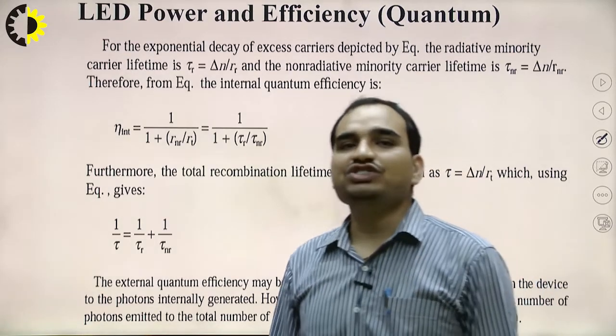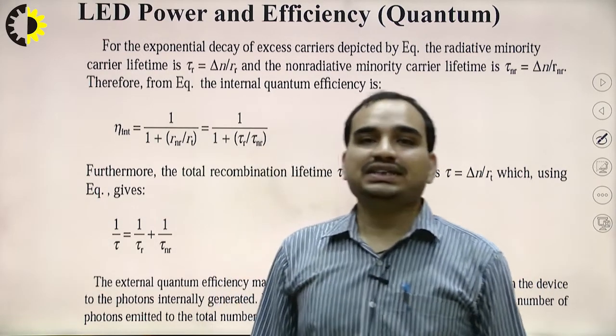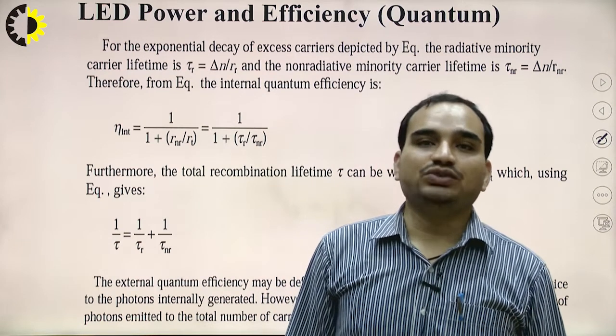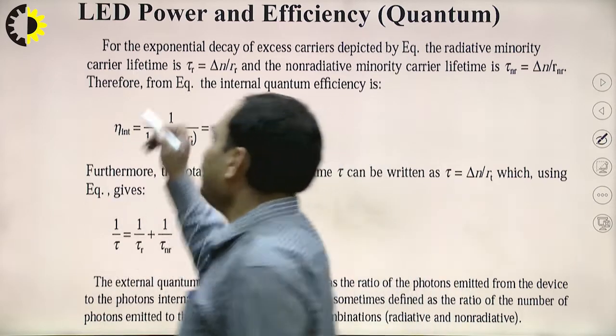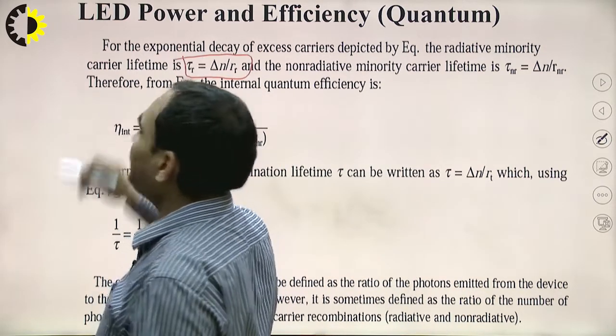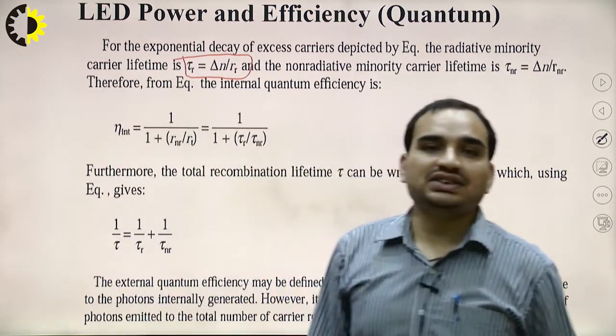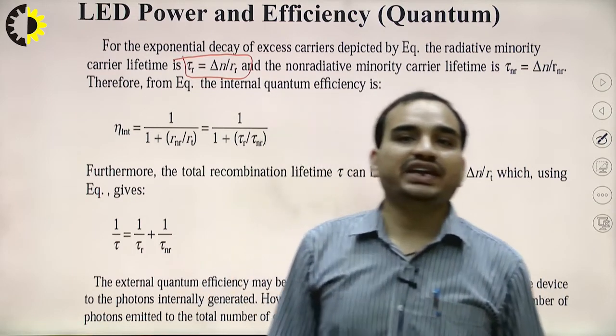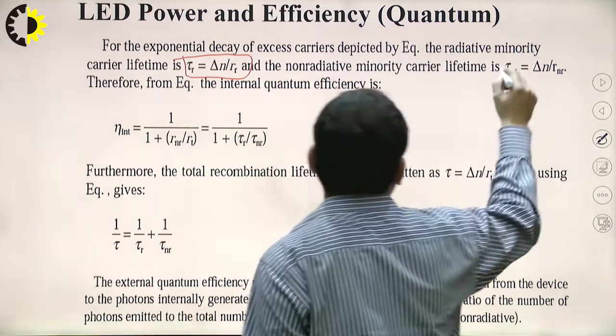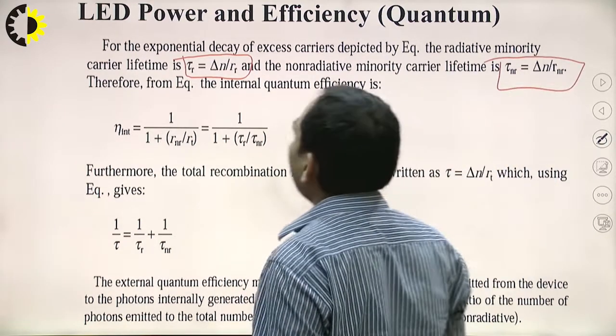For the exponential decay of excess carriers depicted by the equation, the radiative minority carrier lifetime is given by τ_r equals Δn by R_R, the radiative recombination, and the non-radiative minority carrier lifetime is given by τ_nr, which is Δn by R_NR.